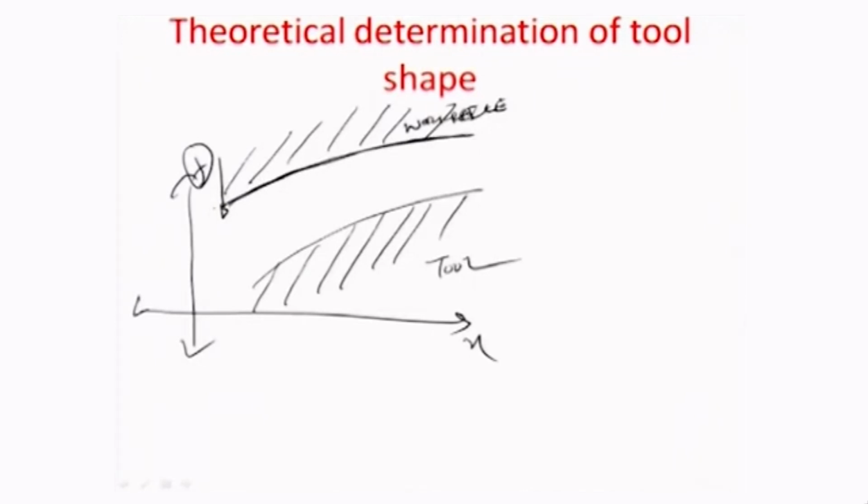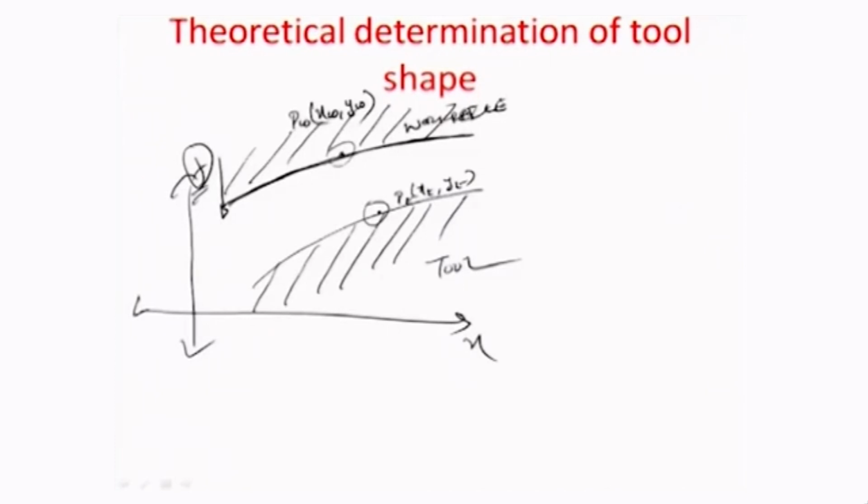So if we select, in the two dimensional sense, a point here on the workpiece surface, let us say PW, which is a function of XW and YW, and try to map a corresponding point on the tool surface, PT, XT, YT, we should be able to find out the functional relationship that exists between this point and this point, given the constraints or conditions of the ECM process, like the feed, the direction of the feed, and so on and so forth.